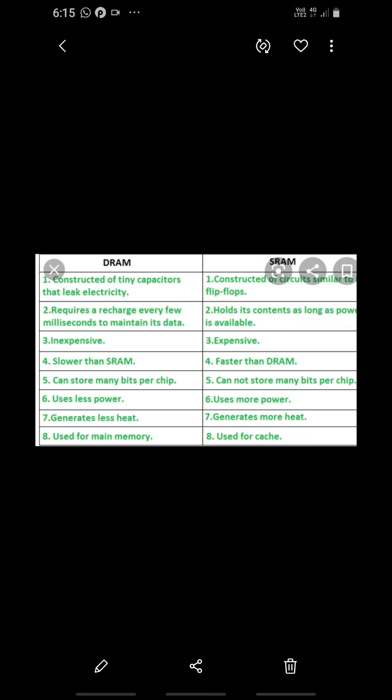The DRAM generates less heat, the SRAM generates more heat. DRAM is used mainly for main memory. SRAM is used for cache.